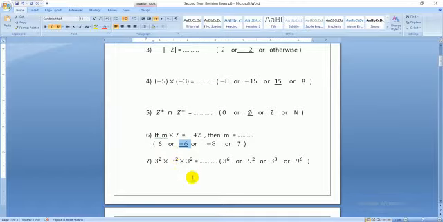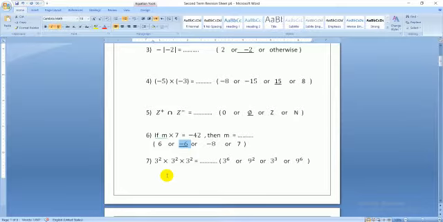It is a rule: if the base is the same, like here 3, 3, 3, and between them there is multiplication, I will keep the base as it is and add the powers.